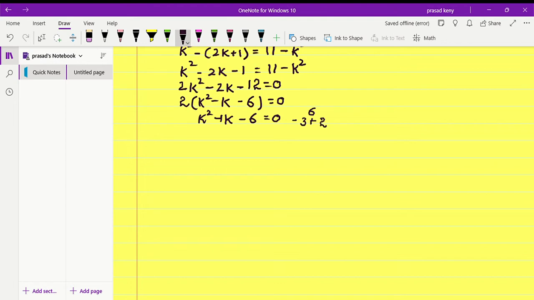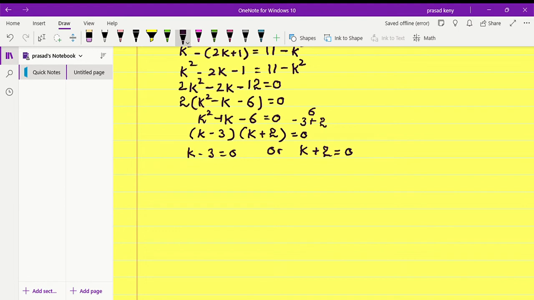That means two factors of this quadratic are k minus 3 and k plus 2 equal to 0, which gives k minus 3 equal to 0 or k plus 2 equal to 0.